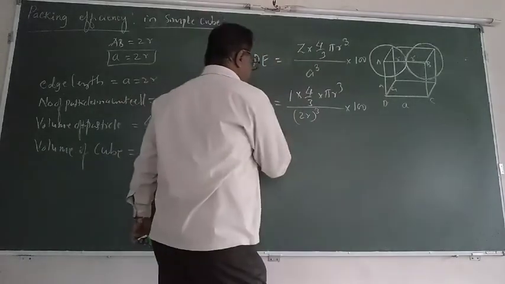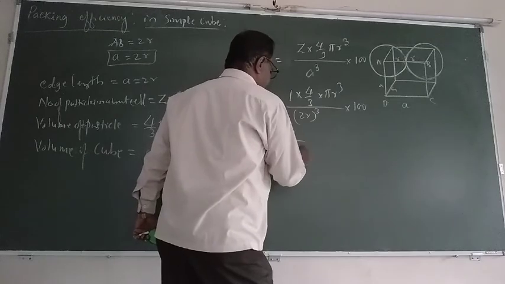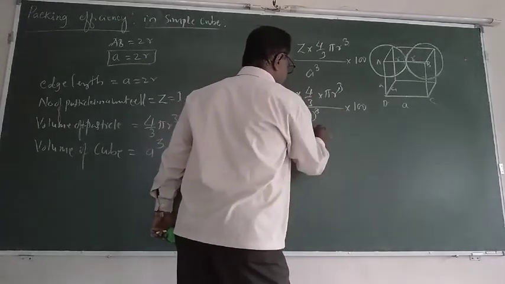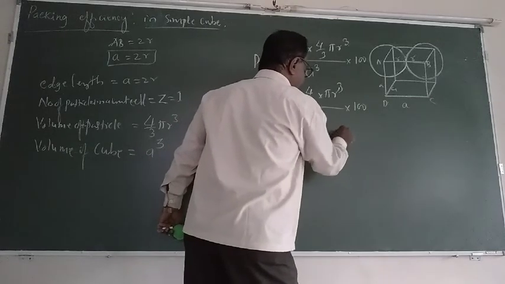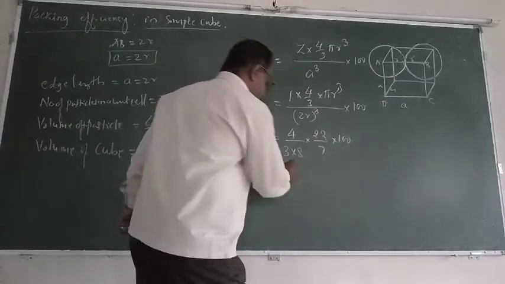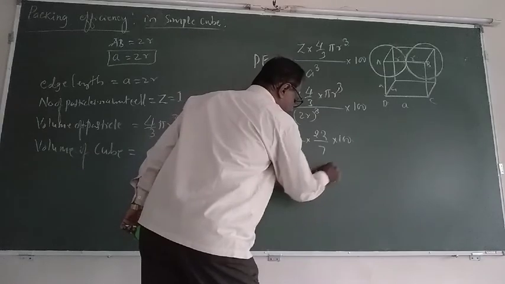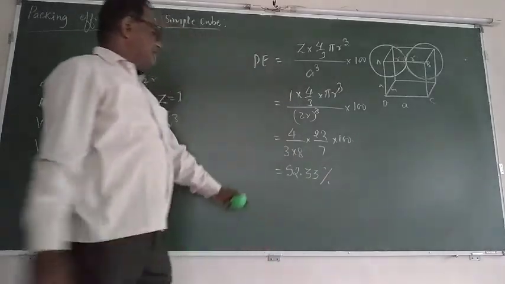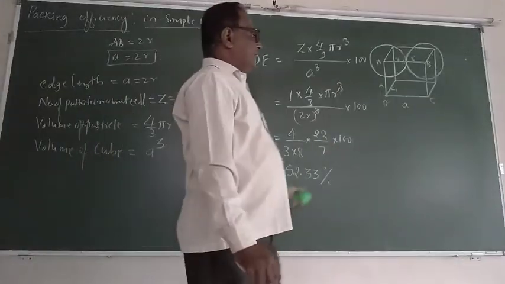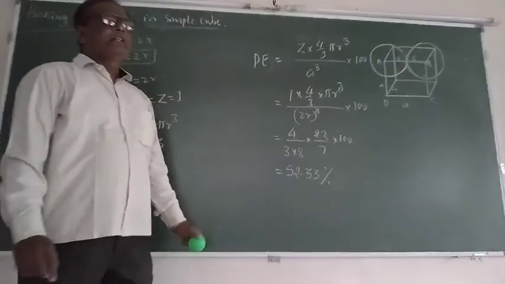See here, 4 by 3 into 8, r cube cancels, into 22 upon 7 into 100. This is equal to 52.33. This is the percentage of the space occupied by the particle in case of the simple cube. This is the packing efficiency in a simple cube.